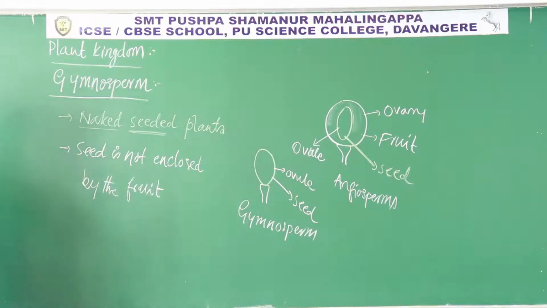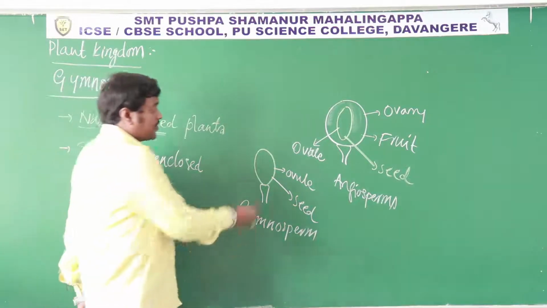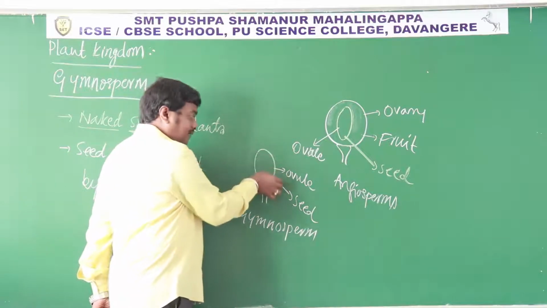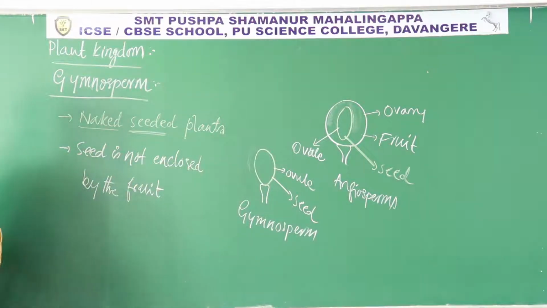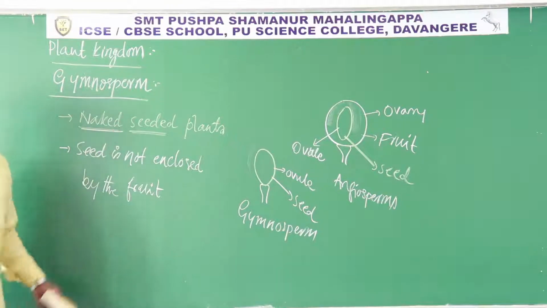Seed fruit in the enclose ಆಗಿರಲ್ಲ. So seed direct ಆಗಿ produce ಆಗಿರುತ್ತೆ. ಇದ್ರ ಸುತ್ತ ಯಾವುದೇ protective layer ಇರಲ್ಲ. That is the reason why they are called naked seeded plants.